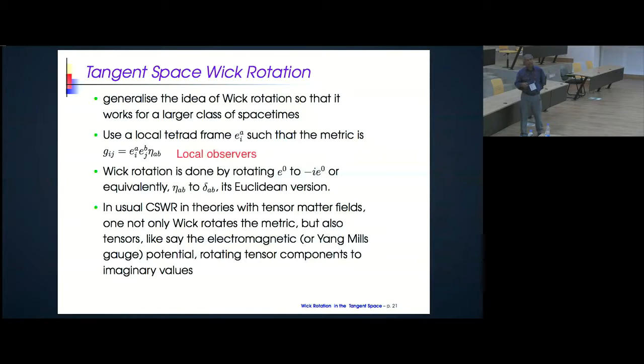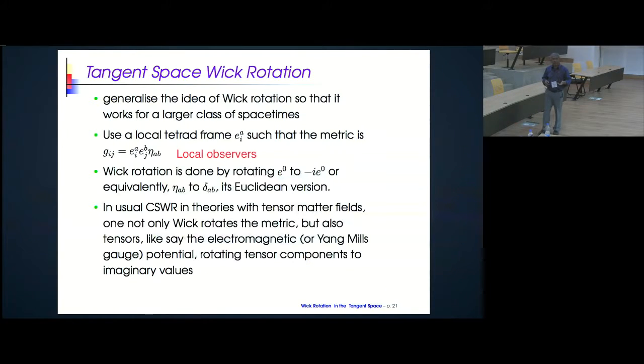To motivate this a little further, in coordinate space Wick rotation, in theories with tensor matter fields, one thinks of the coordinate space Wick rotation as a complex coordinate transformation, and then one has to also Wick rotate the tensor fields. For example, if there's an electromagnetic field or a Yang-Mills potential, A naught would go to i times A naught.